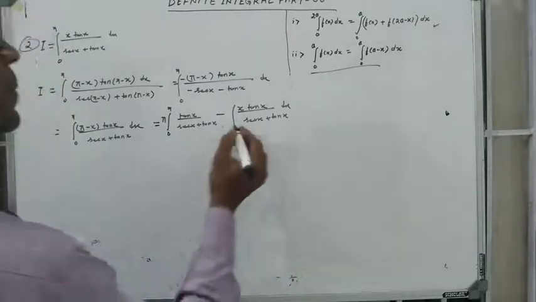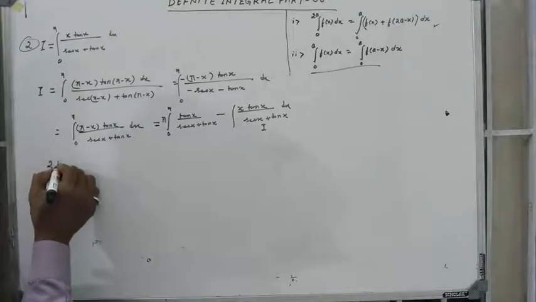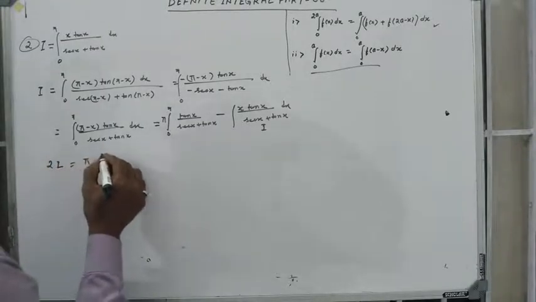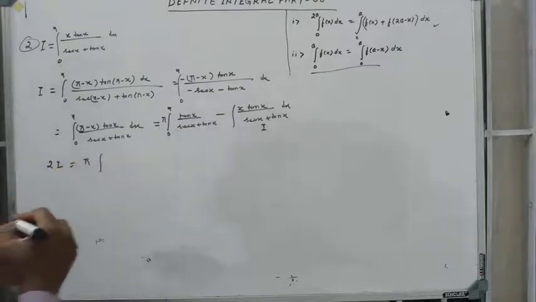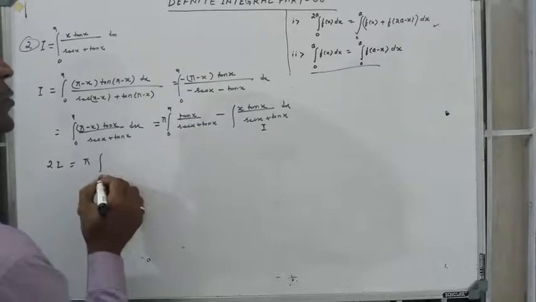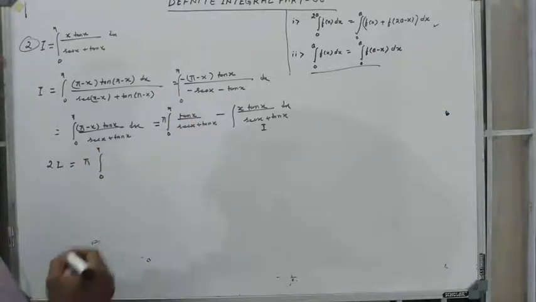This is I, so twice I is equal to pi to pi.